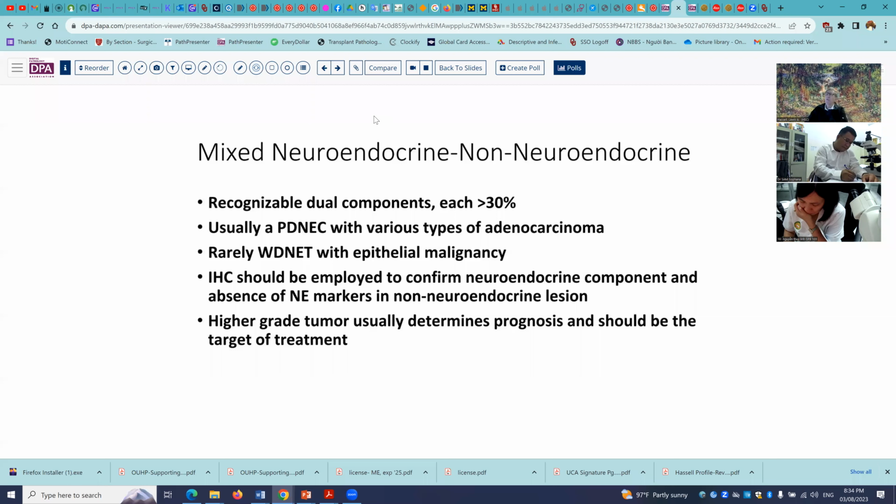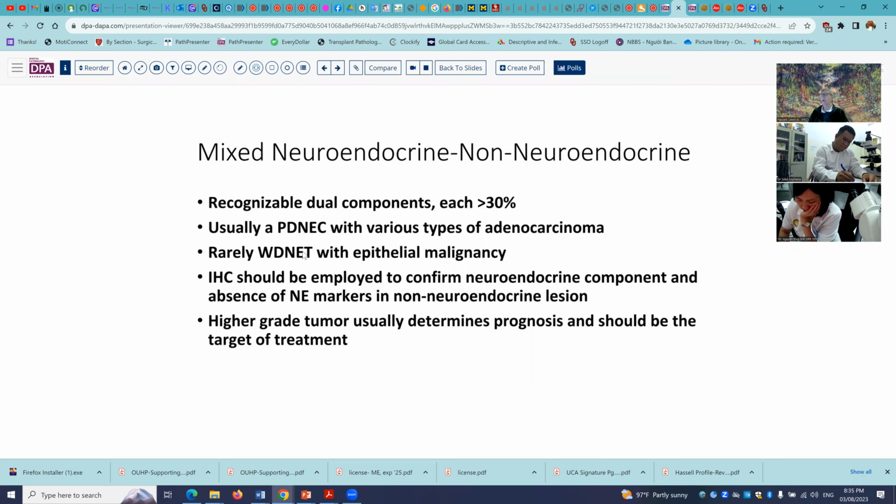There are also cases where we get a mixture of neuroendocrine and non-neuroendocrine tumors. This has an arbitrary cutoff of at least 30%. And usually this is a poorly differentiated neuroendocrine carcinoma with varying types of adenocarcinoma. But other cancer types, squamous, et cetera, can also be seen.